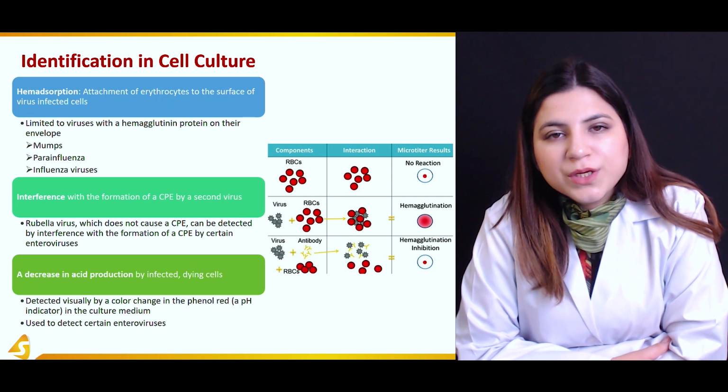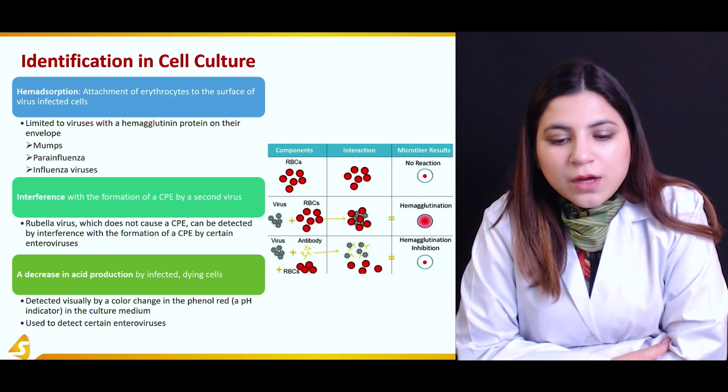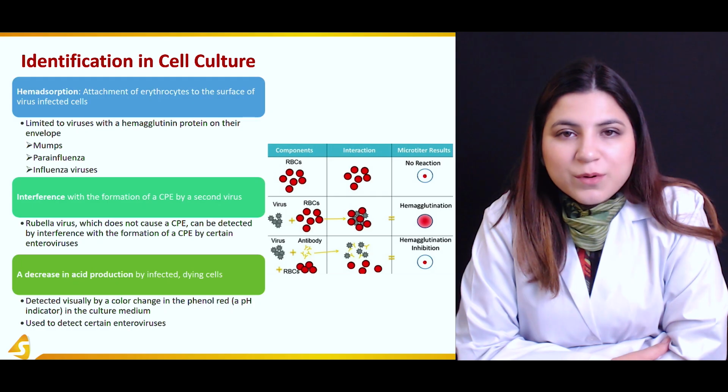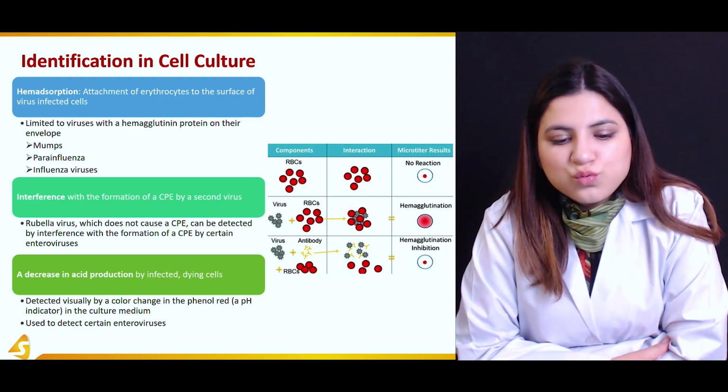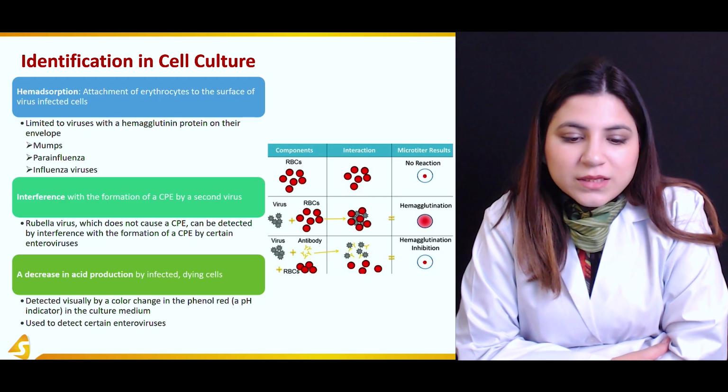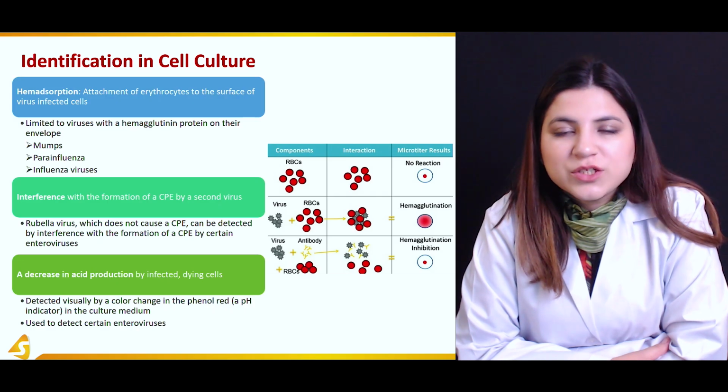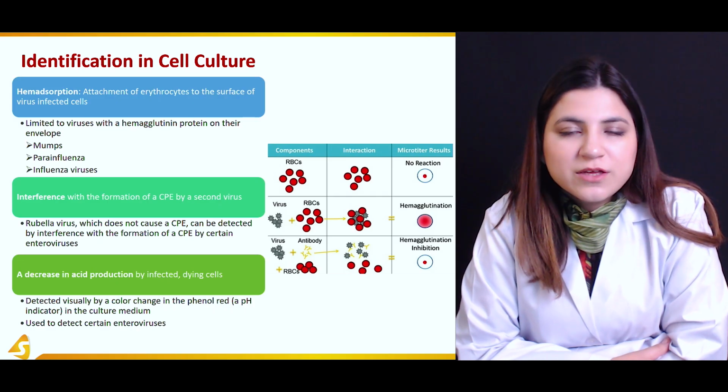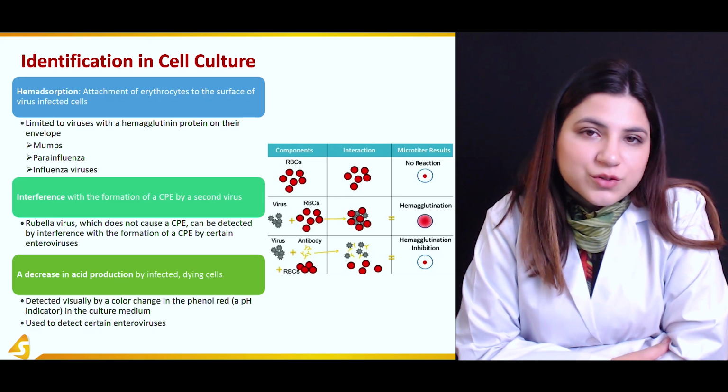So if a particular type of cell culture is infected with enteroviruses, then we can add a pH indicator, in this case phenol red, in the culture medium.